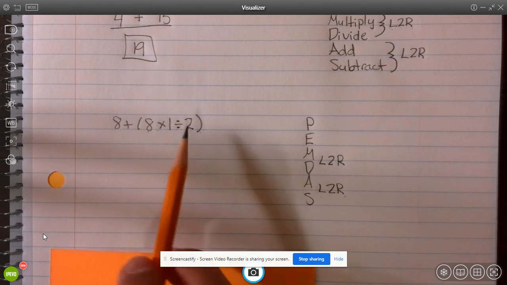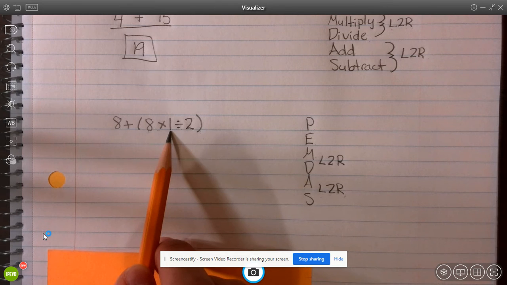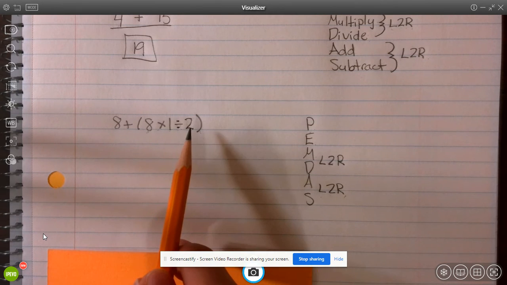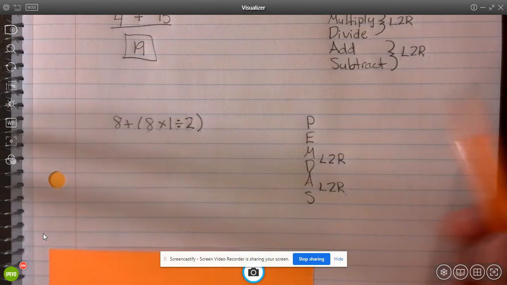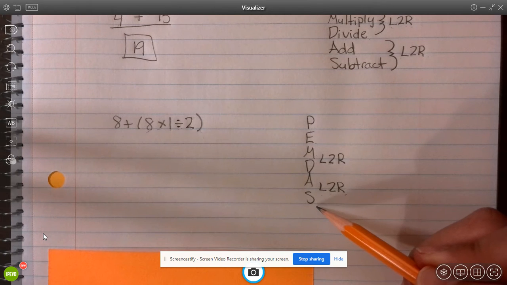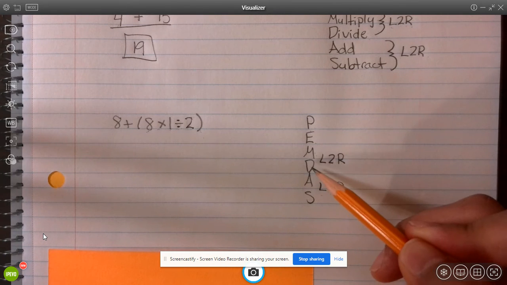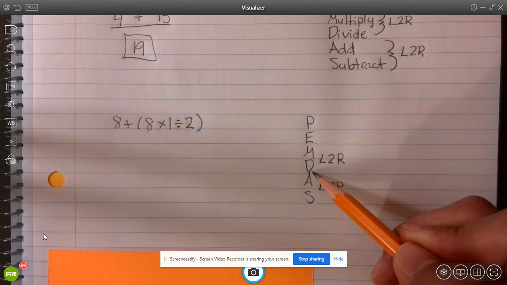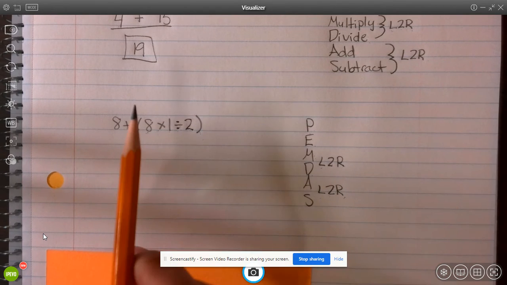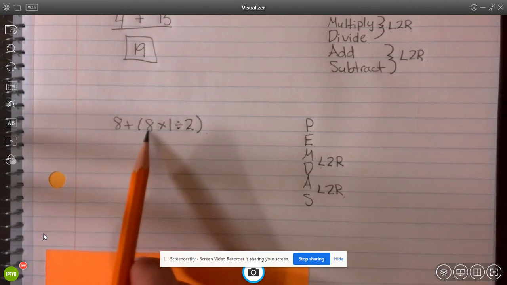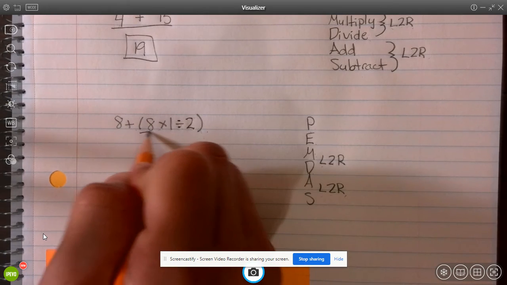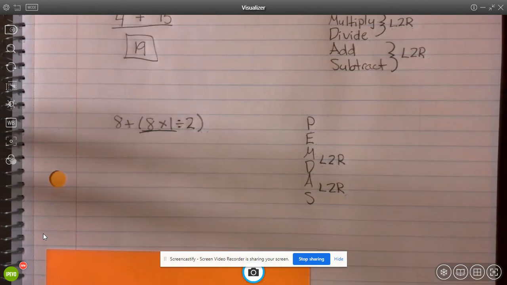Now, do I do 8 times 1 first or 1 divided by 2 first? Well, if I look at my steps, I have multiplication or division. What comes first when I read my problem left to right? 8 times 1 comes first. So that is my first step.